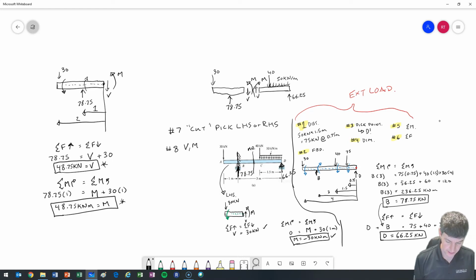V and M at cut. Number 9, your sum of forces. Number 10, sum of moments. And all of these in order to find an internal load.